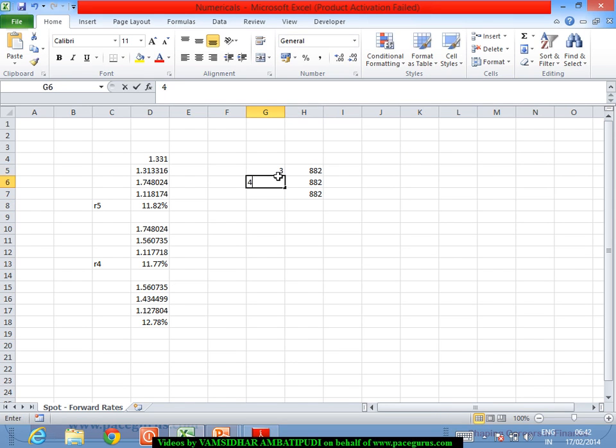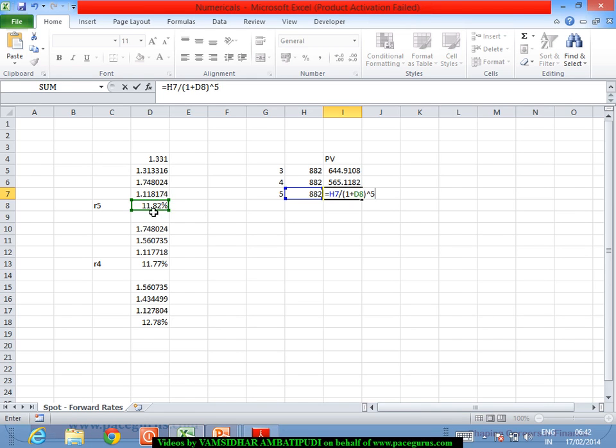If I want their present values, I discount the cash flows with their spot rates. 882 divided by 1 plus the 3-year spot rate, 11%, whole cube; divided by 1 plus the 4-year spot rate, 11.7%, to the power 4; and the last 882 divided by 1 plus the 5-year spot rate to the power 5.